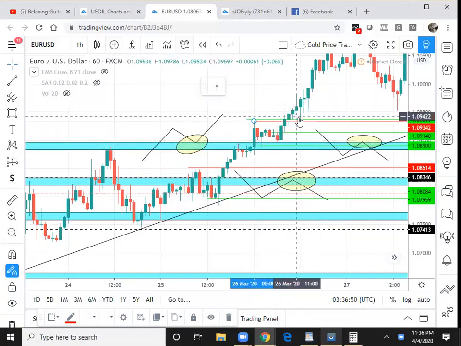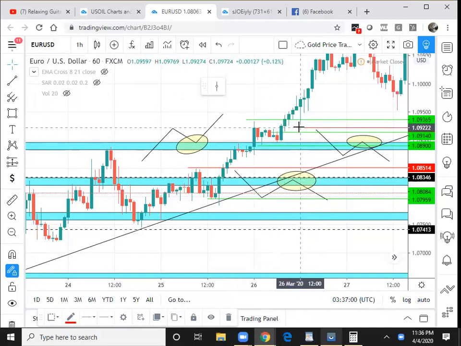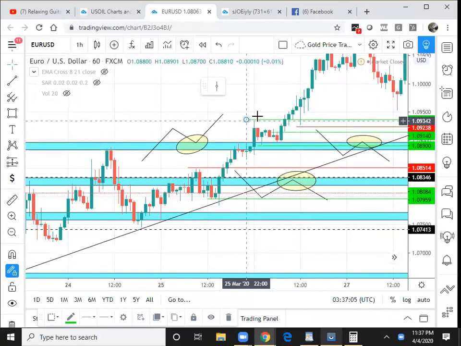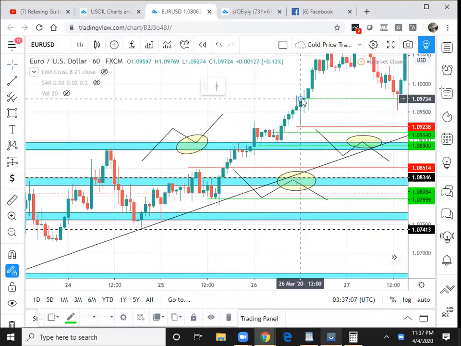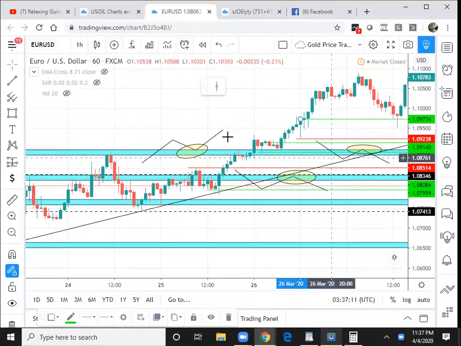And what you could do at that point is enter the trade again, especially when this wick forms. At this point, you set your new stop loss underneath here, and you enter the trade when this candle closes.